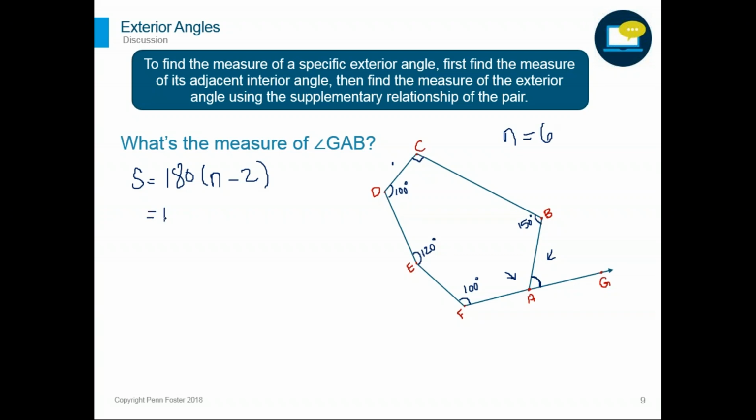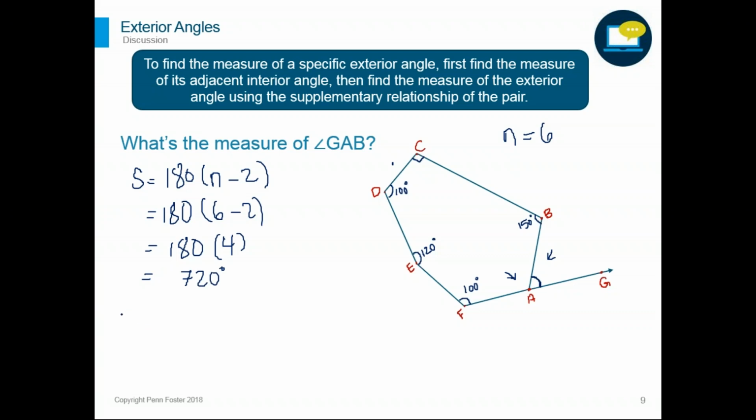So 180 times 6 minus 2 is the same as 180 times 4, because 6 minus 2 is 4, multiply, and that will give you 720 degrees. This is the sum. I do not need the sum, just an intermediate step for me to get to my answer.